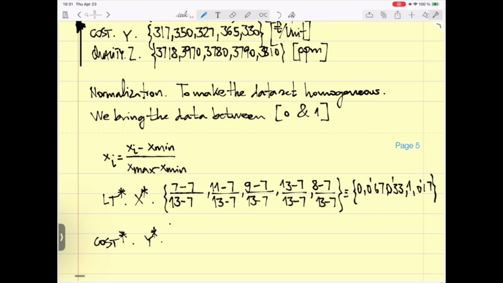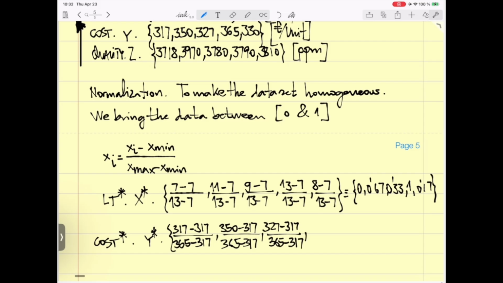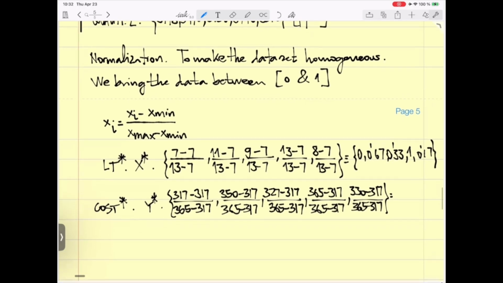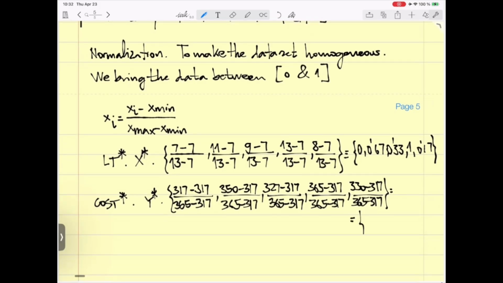Basically the same: 317 minus 317 divided by 365 minus 317, then 350 minus 317 divided by 365 minus 317, 327 minus 317 divided by 365 minus 317, 365 minus 317 divided by 365 minus 317, and then 330 minus 317 divided by 365 minus 317. This yields 0, 0.69, 0.21, 1, and 0.27.